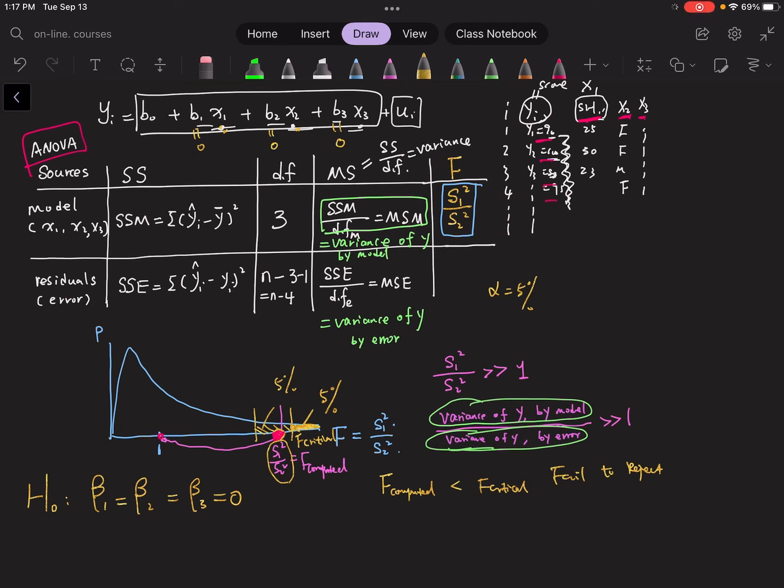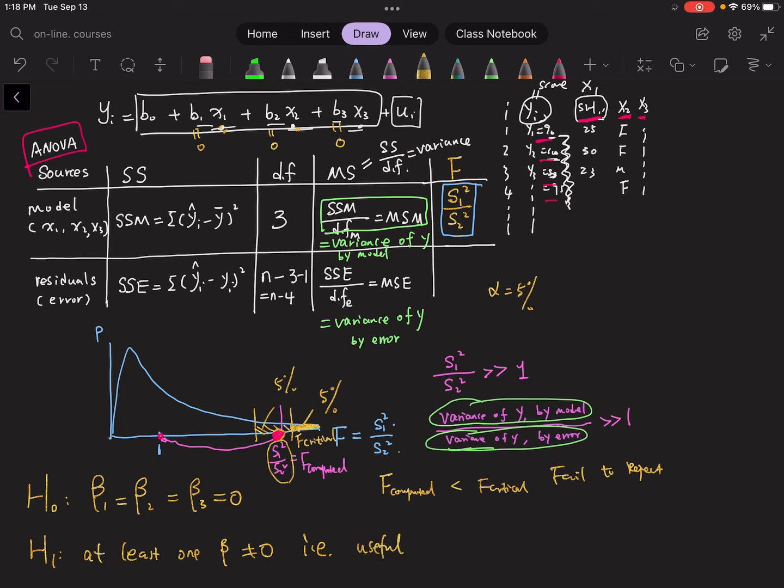That means none of the regressors is an important determinant of y. This model is useless. The alternative is that this model is useful, that means at least one beta is not equal to 0.